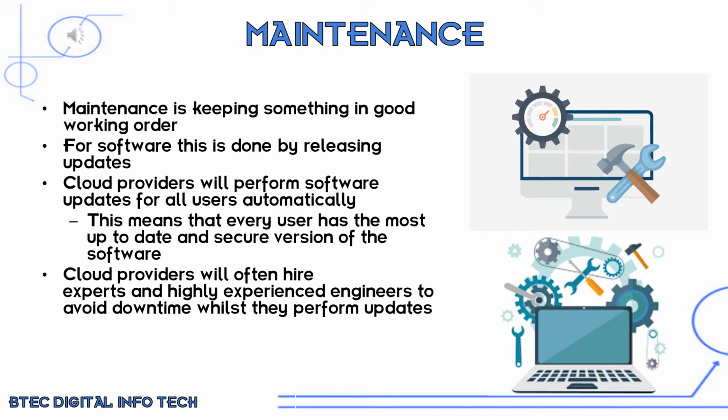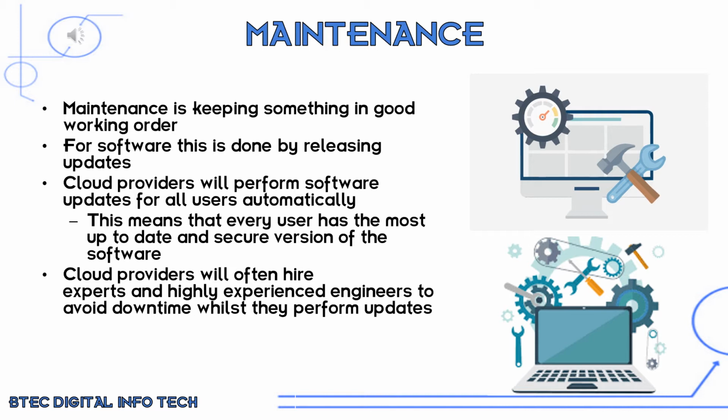Now with maintenance with computers, we're obviously making sure that everything is up and running, you can access all the data, there's no hardware breakdowns, the software is all up to date. So the most important thing is that the software is kept up to date. So try and make sure you've got all the latest features, make sure that there's no security risks.